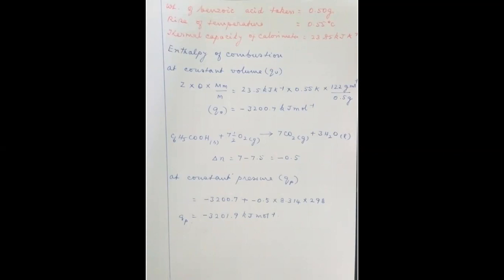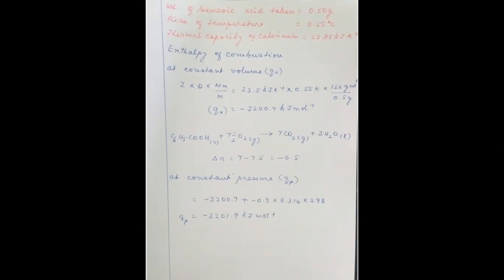So the rise in temperature is 0.55 degrees centigrade, which can be kept as 0.55 Kelvin, and the molecular weight is 122 gram per mole, and the weight of benzoic acid taken is 0.5 gram. So from this, you can calculate QV is equal to minus 3200.7 kilojoule per mole. Now what happens when you look at the actual combustion reaction?